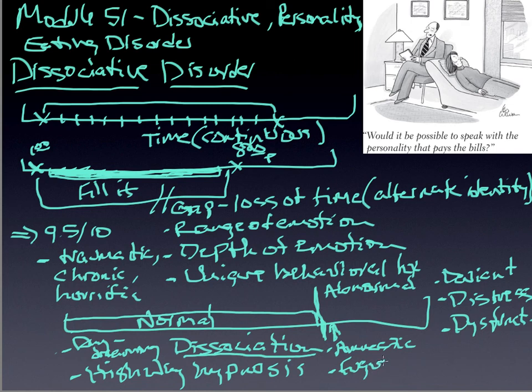So the person leaves and travels to another location under a new identity. It is not intentional. It is not creating and trying to hide. It's not like the witness protection program where you're given a new identity. This occurs spontaneously, and the person leaves the situation. We have dissociative identity disorder, which is the most severe, relatively rare.